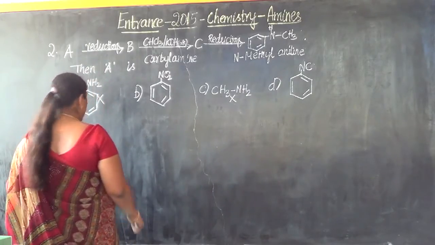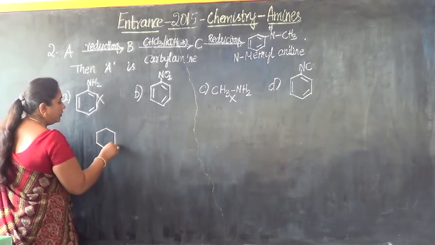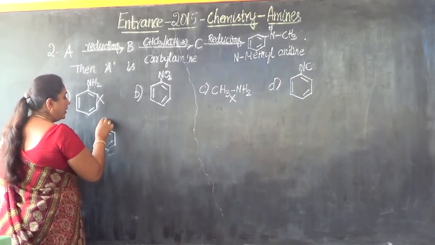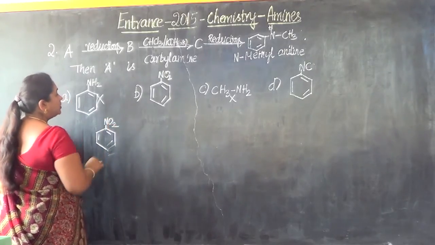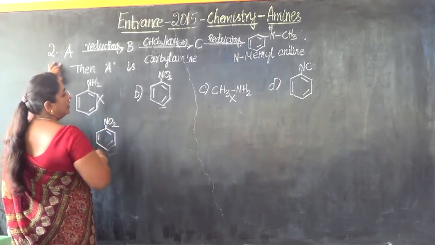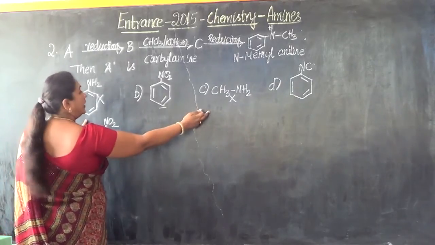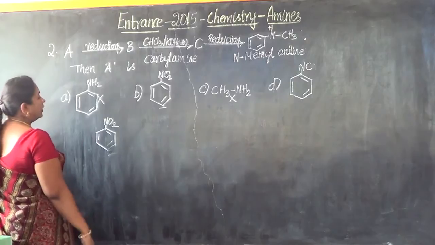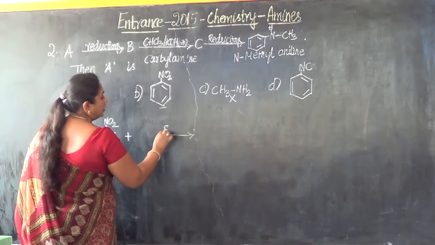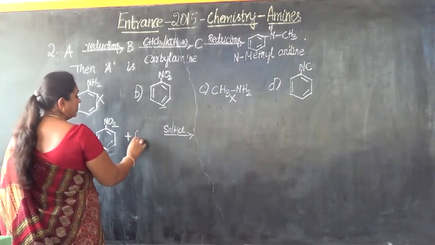Let us write the reaction and see further. Supposing we have taken option B, our starting material will be NO2 on benzene. I'm writing this equation to confirm whether A is nitrobenzene or benzene isocyanide, because we have ruled out options A and C. Let us subject this to reduction with tin and HCl, which is Stephen's reduction.